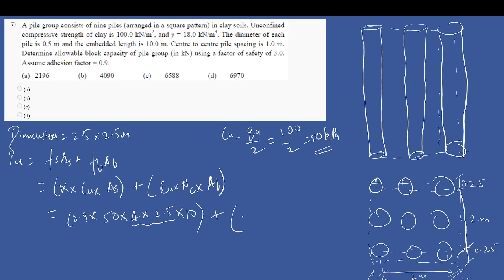And then Cu again is 50. How much is Nc? 9. Okay, it's 9, right? And base area is your 2.5 into 2.5.